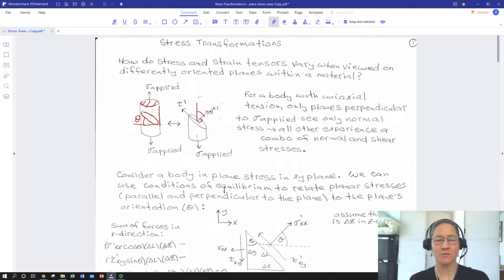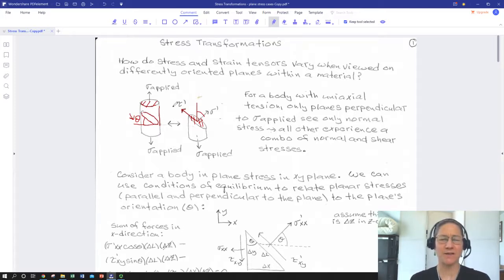Our normal stress with respect to this plane is pointing in the direction of the planar surface normal, and then our shear stress is perpendicular to that, or parallel to the plane. So we can use geometry and find that the magnitude of our normal stress and our shear stress on this plane is going to be related to this angle theta that defines the tilt of the plane.